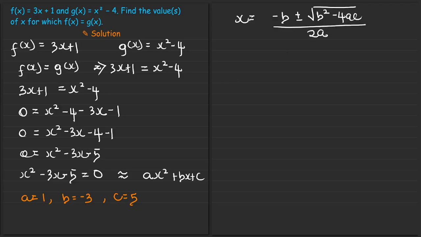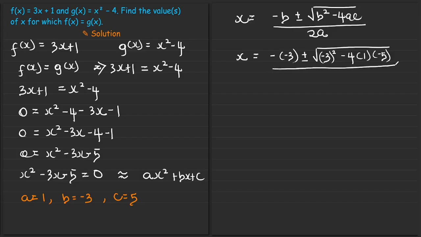So substituting our necessary values then simply means that x is equal to a negative, the b we said was what? Negative 3, plus or minus the square root of negative 3 all squared, then minus 4 into bracket 1 into bracket negative 5. And that is all over 2a.